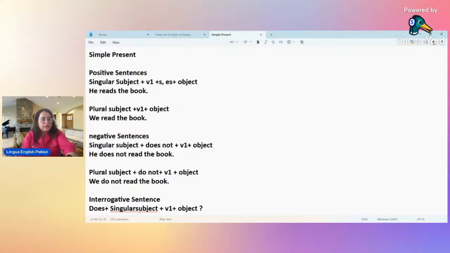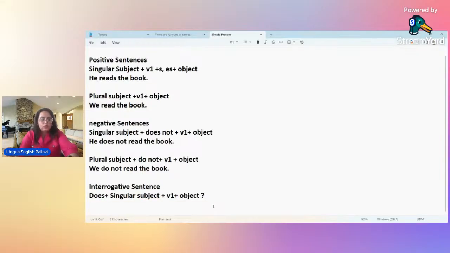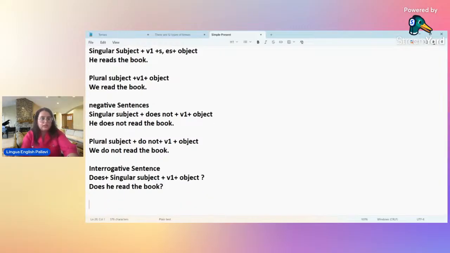So it is does plus singular subject plus verb first form plus a question mark. Now let us see the rule. It is does he read the book? So, does he read the book?